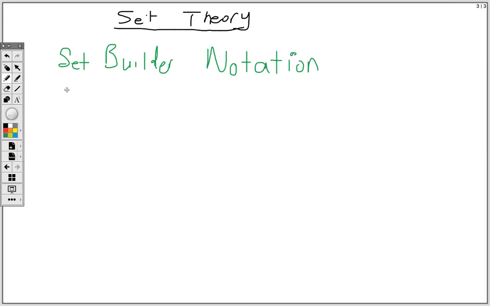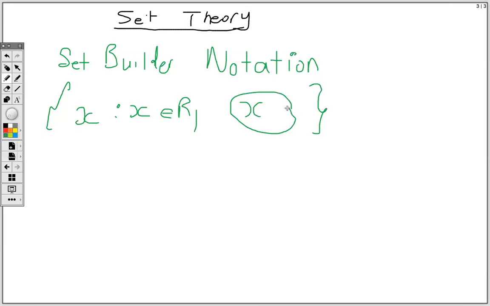So we have x such that x is an element of the real number system, where x would have greater than or equal to, so a symbol will fall within this region, which you'll see later on.